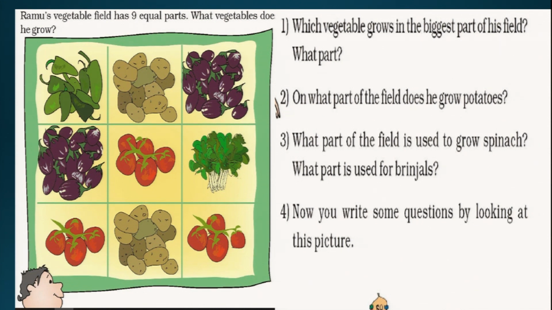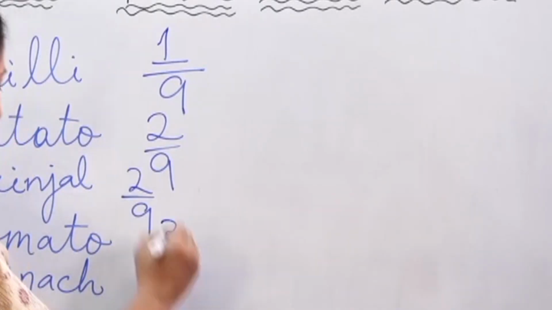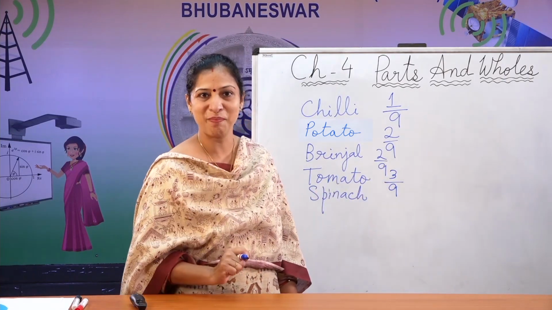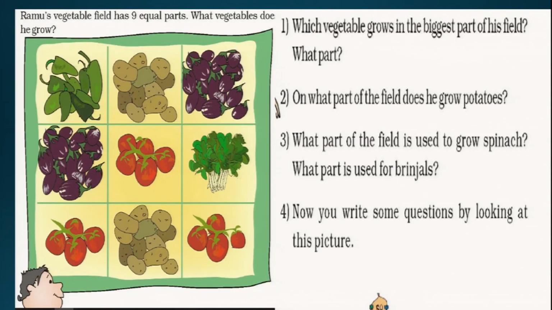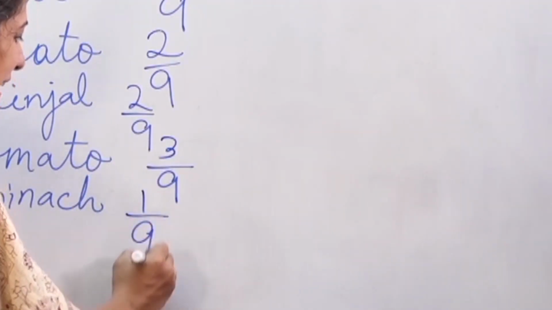Can you count? Yes, it is 3 by 9 parts. So tomato is grown on 3 parts out of 9 parts. Similarly, children, what is the part on which spinach is grown? Yes, it is 1 by 9 parts.